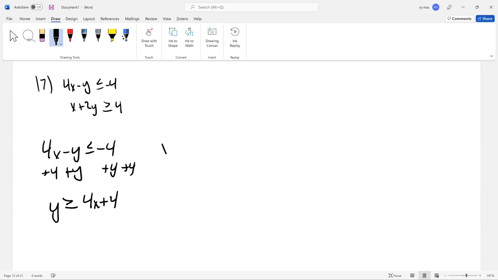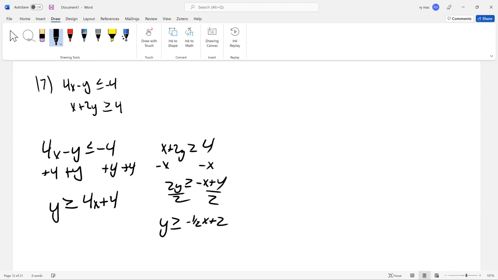For my other one, x plus 2y is greater than or equal to 4. I'm going to subtract the x over. So I get 2y is greater than or equal to -x plus 4, and then divide by 2. So I get y is greater than or equal to -1/2 x plus 2.